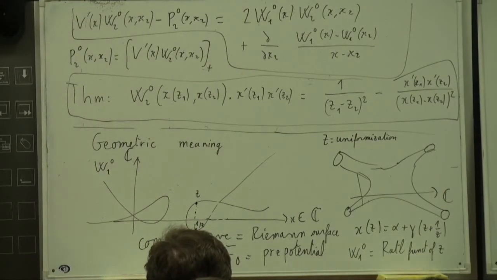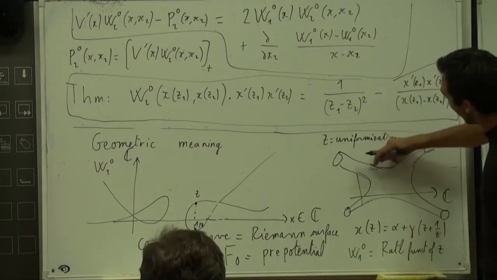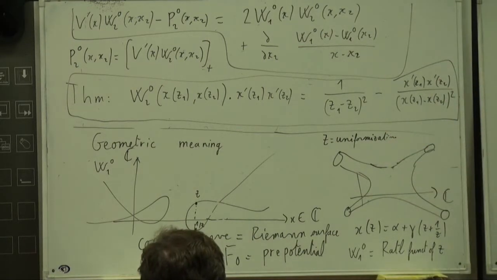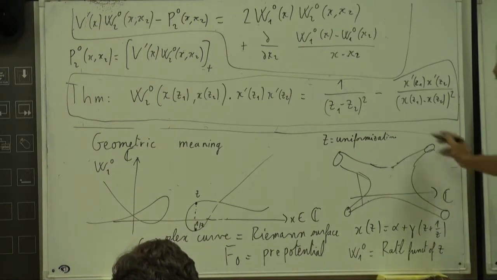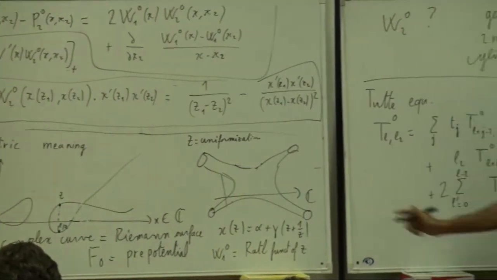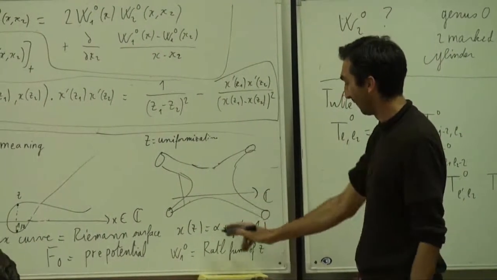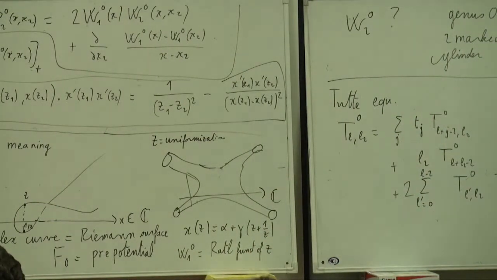So we see that somehow z is the good variable, and z lives in the complex plane, which means that by this analytical mapping, this Riemann surface is in fact equivalent to the complex plane, or to the Riemann sphere, P1.